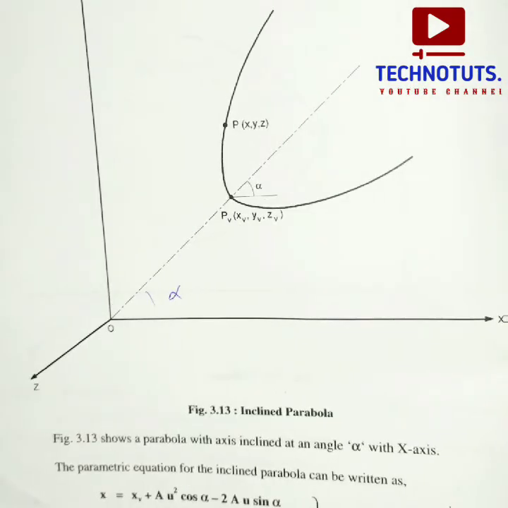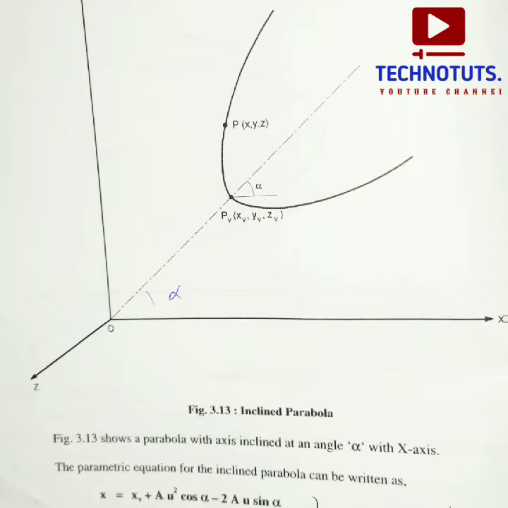Now let us see inclined parabola. The figure shows an inclined parabola which is inclined at an angle of alpha with the x-axis.